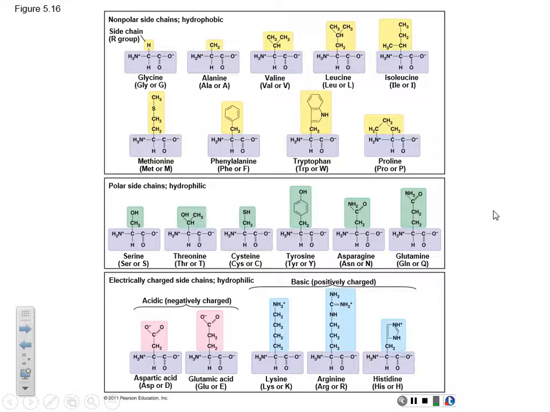Most of the other people who teach this class insist that the class memorize the structure of each of the 20 amino acids, those R groups. I'm not that guy. I'm not going to make you memorize the structure of those R groups. If you go on to take a sophomore level biology class or anything beyond, it will be assumed that you've memorized them.